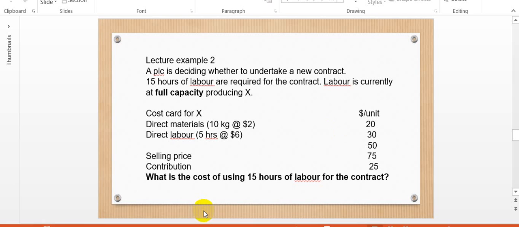So the total costs being $50. The selling price for product X is $75, giving us a contribution of $25 per unit. So what is the cost of using 15 hours of labor for the contract?